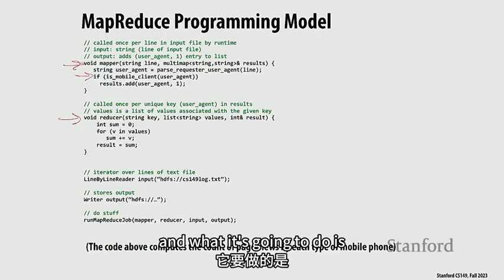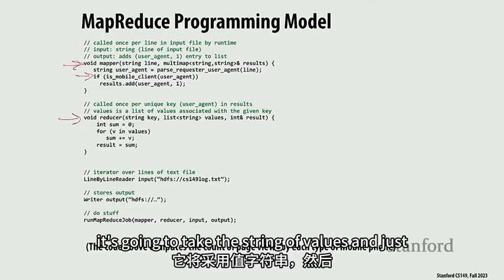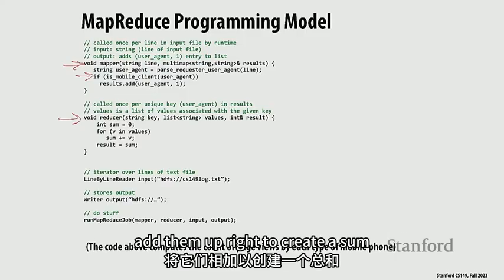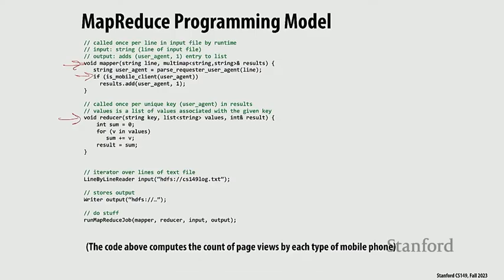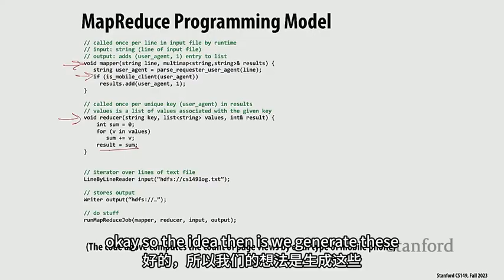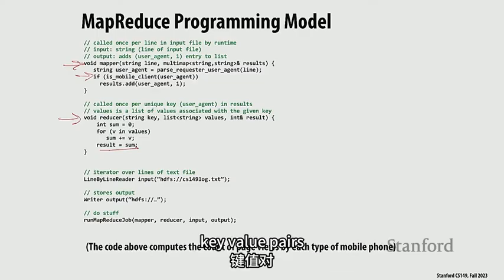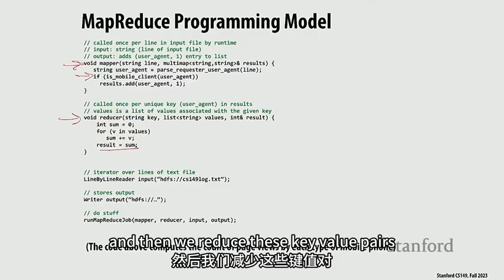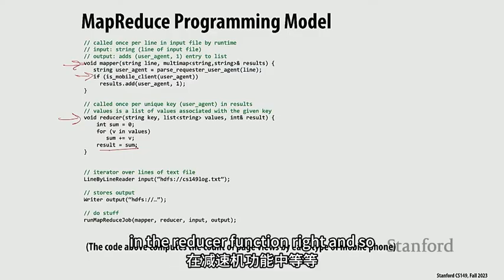What it's going to do is take the list of values and just add them up to create a sum, which is the result. So we generate these key value pairs in the mapper function, and then we reduce these key value pairs in the reducer function, right?